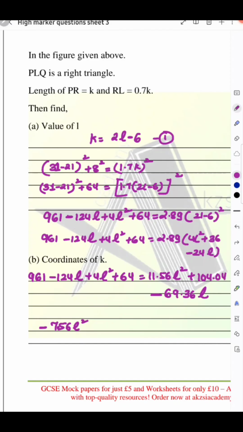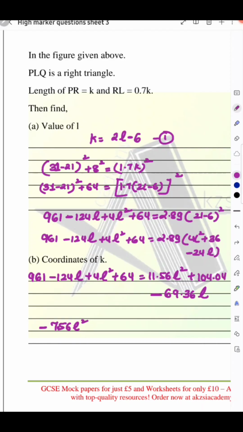Then for L, this is minus 124 and plus 69.36, because when I move it onto the left hand side, its sign changes and it becomes positive.